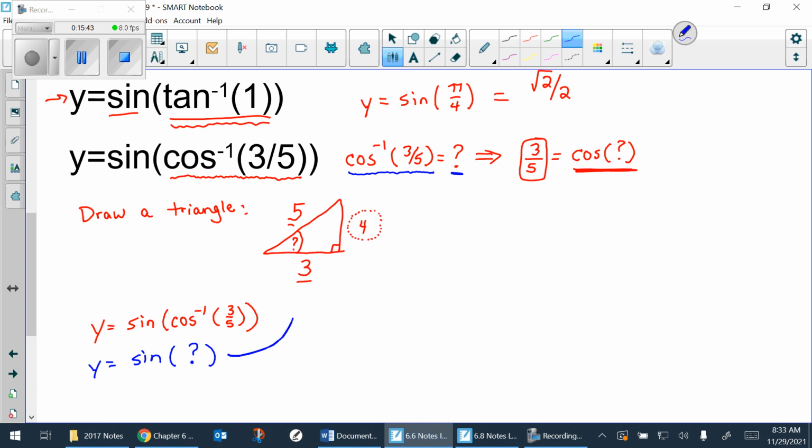Can you look at this drawing right here and tell me what the sine of that angle is? Well, since sine is opposite over hypotenuse, y is equal to the sine of that angle, 4.